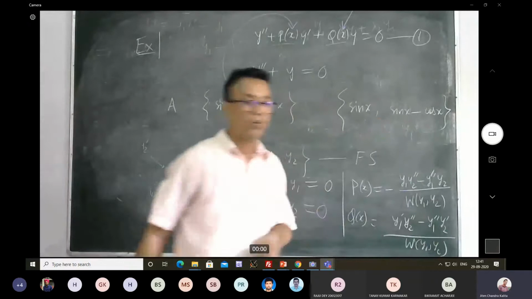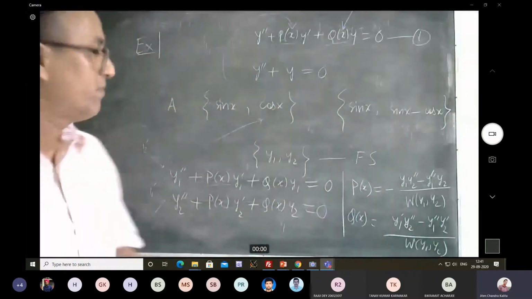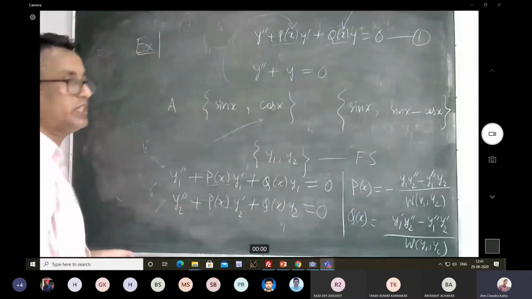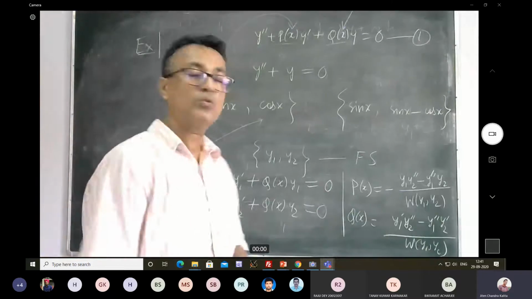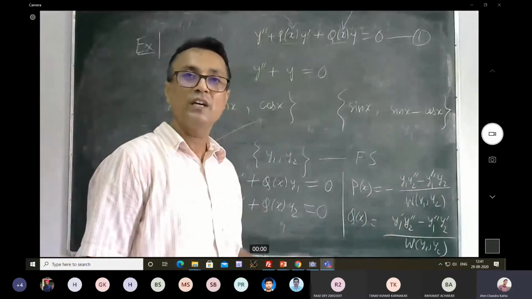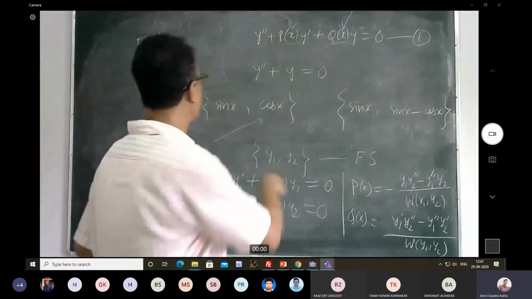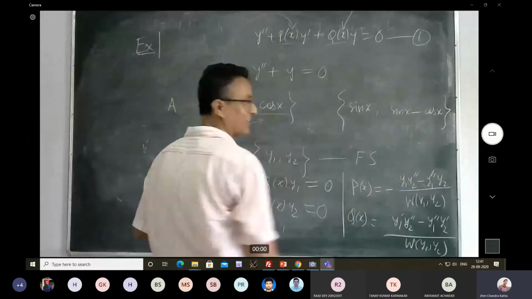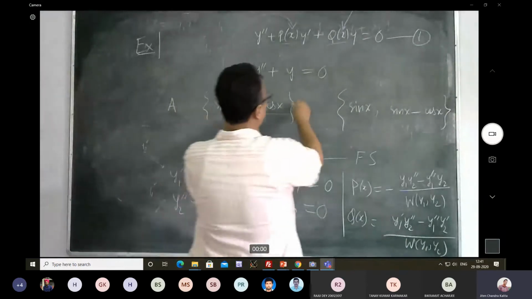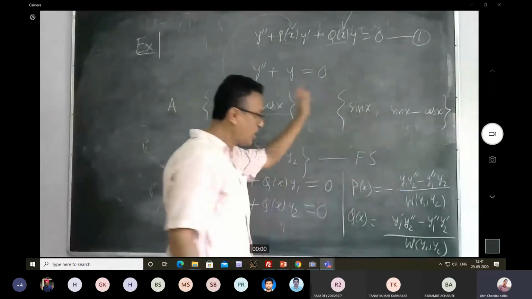Division by the Wronskian is always valid because it has to be non-vanishing in order for y1 and y2 to be linearly independent. Is it okay? Now you can check from these two. I'm not going to work it out.